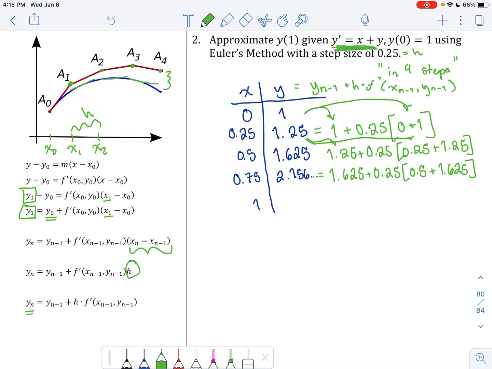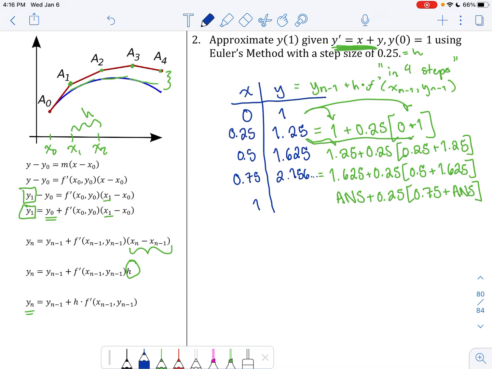Just keep using the answer key on your calculator, so you're not typing all that out. So that is your second, and then on the next one, it just plugs in the last result, plus 0.25 times 0.75 plus that result, and then you can just use the answer key again on your calculator. Make sure you're putting in your parentheses there.